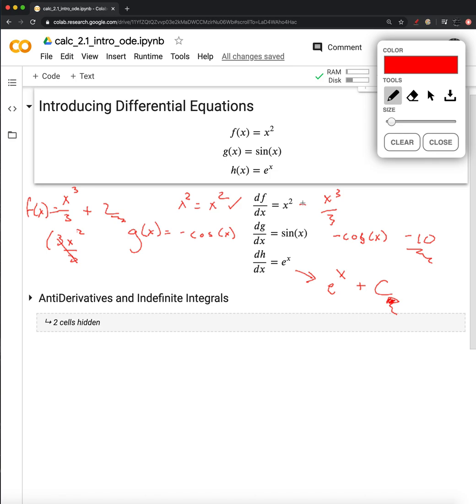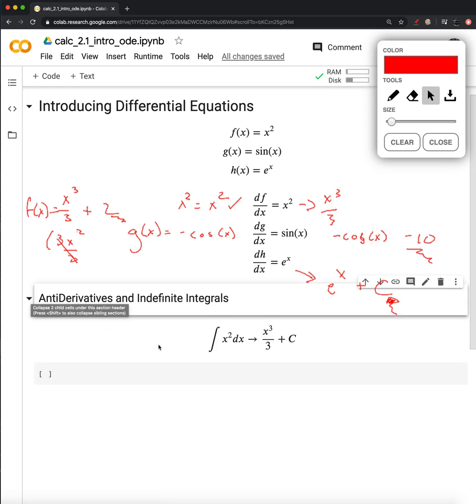And we've seen a relationship like this before. We saw a relationship like this when we were doing integration. And in fact, this is just a different way to interpret that operation of integration, through an indefinite integral.